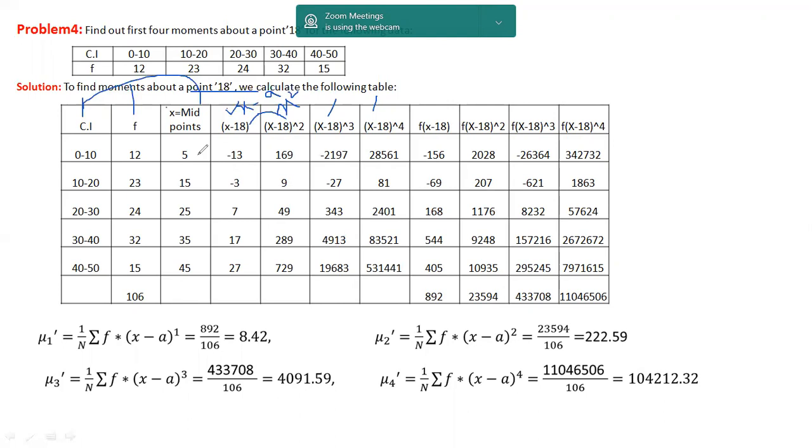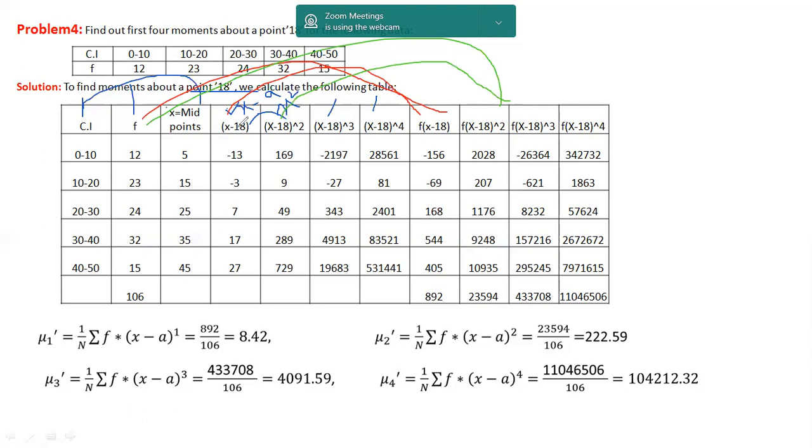After that we multiply each column with the frequency column. You can see here the frequency column and the product with the first column, so the respective product column is f into x minus a. Similarly, frequency and the x minus 18 whole square column, and the respective product column is represented here.